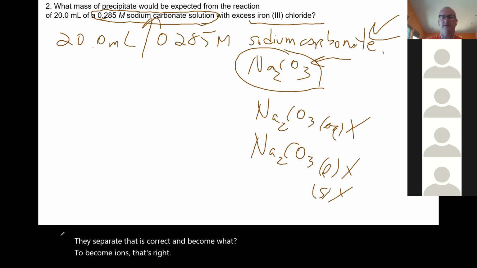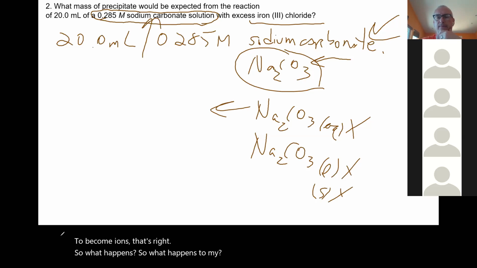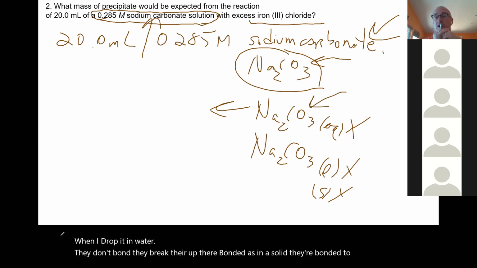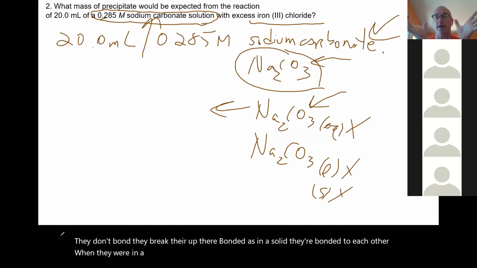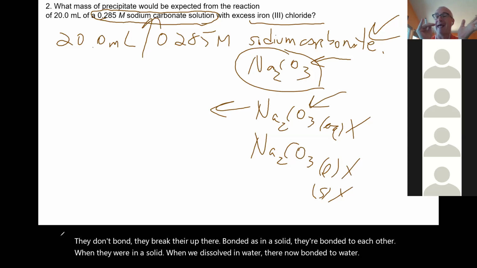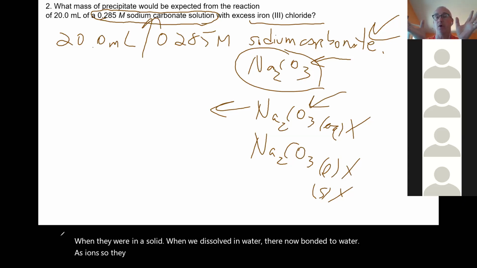So what happens to my sodium and my carbonate when I drop it in water? They're bonded to each other when they're in a solid. When we dissolve them in water, they're now bonded to water as ions. So they ionize when they're in water.